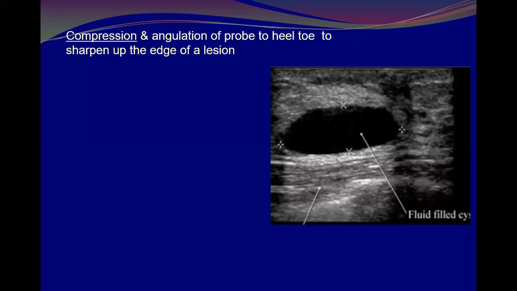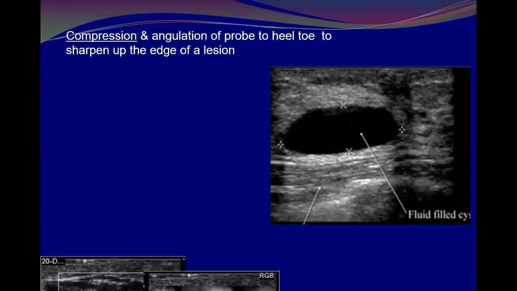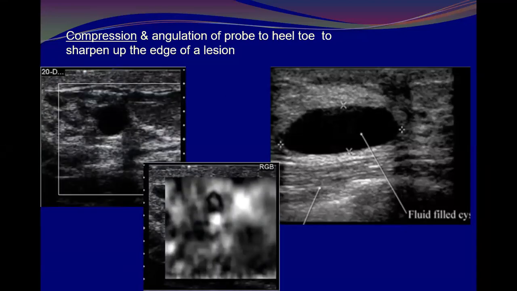So it will help us to differentiate a pseudo lesion from a true lesion. And with some pressure, a cyst can also be delineated and sharpened, and we make sure of its cystic nature. But you know that nowadays we can also use what to make sure this is a cyst?